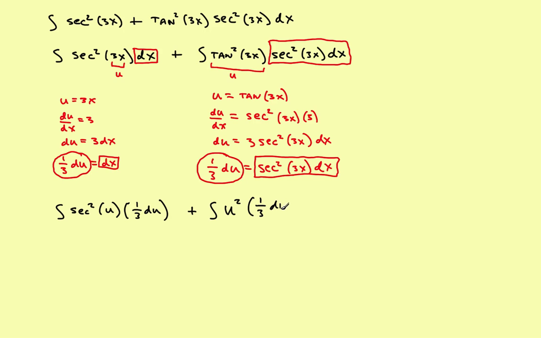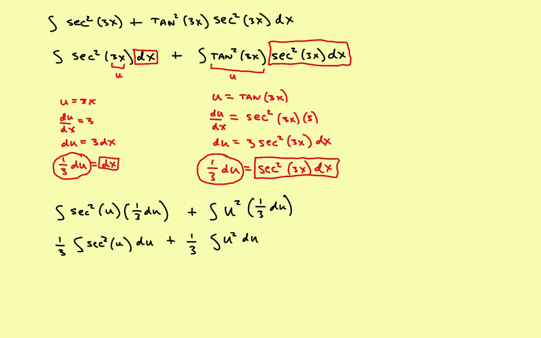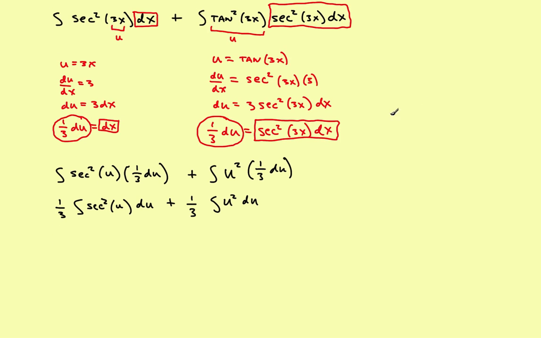So that one's going to look like that. Now in both these, you can bring the 1/3 out in front, so we'll make this 1/3 of the integral of the secant squared of u du, plus, and bring this 1/3 out in front, the integral of u squared du. So they look like that. Again, we'll scoot things down just a little bit.